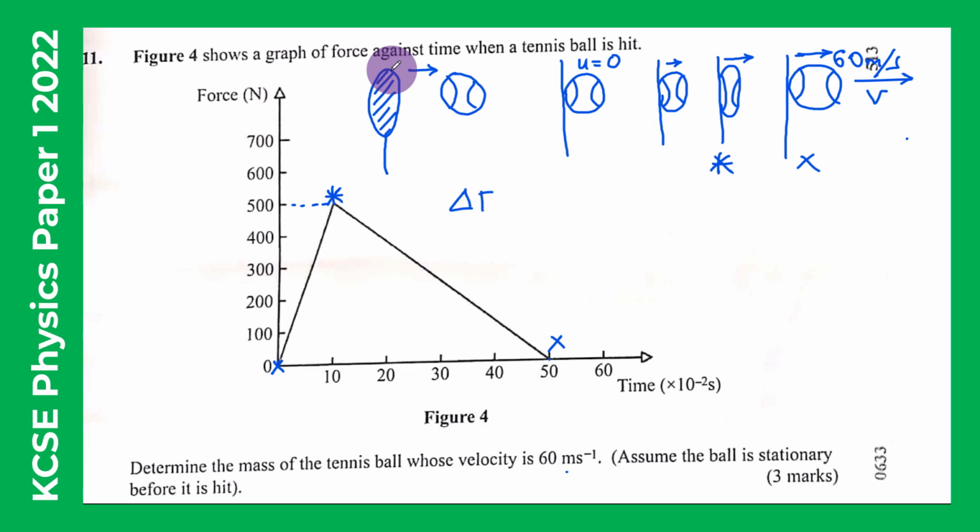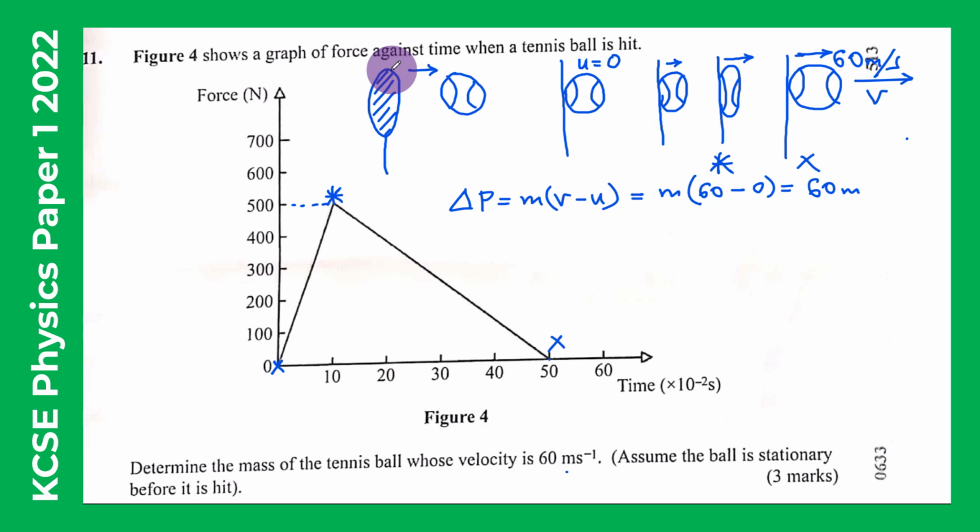There is change in momentum, and this change in momentum is mass times change in velocity, which is v minus u, which is equal to m times the final velocity of the ball, which is 60, the initial velocity is 0, and this will become equal to 60m.